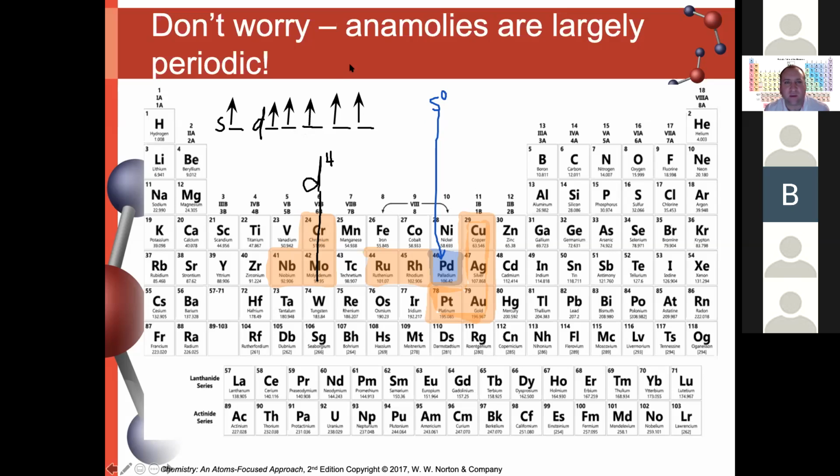And we see a similar kind of phenomenon in the copper group here. These are D9 configurations. And with the D9 configuration, what we see is that initially speaking, we would have a configuration that looked like this.